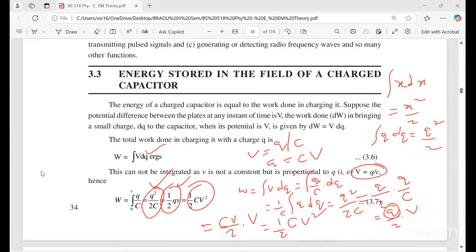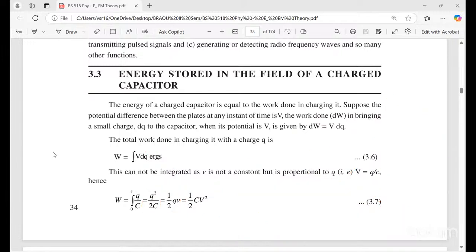That means you need to understand how many forms are there. Is it clear? This is one form, another form, three forms. So these are the three forms.